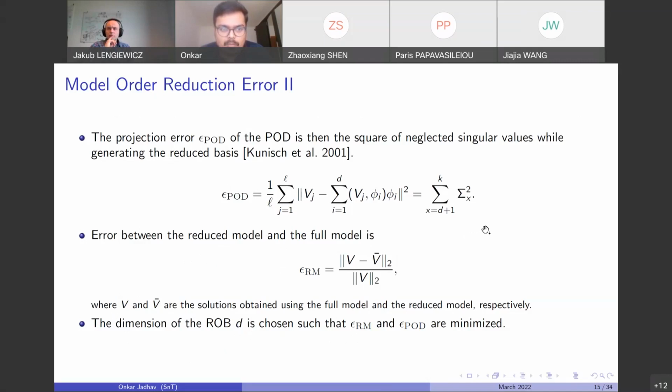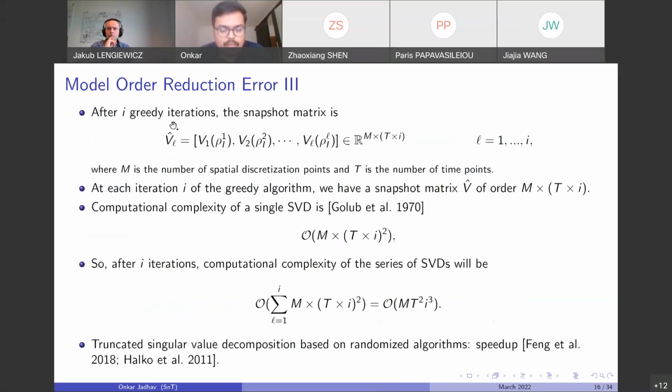Another interesting problem I came across during the development of this model order reduction approach was the computational complexity of a series of singular value decompositions. At each ith greedy iteration, we have a snapshot matrix of order m cross t_i. And you may know that the computational complexity of singular value decomposition is m t_i squared. So after I iterations, the computational complexity of the series of singular value decompositions will be m t squared I cubed.